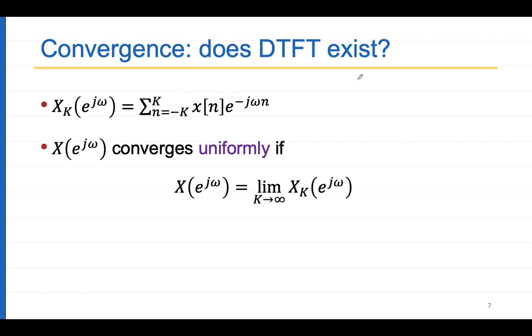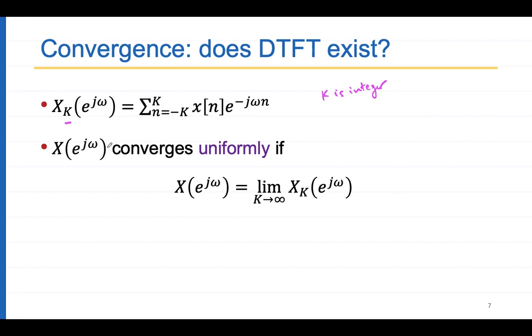Now let us define X_K, where K is a finite integer, not infinity. You know that when K tends to infinity, this thing becomes the DTFT. But if K is not infinity, let us call it X_K.